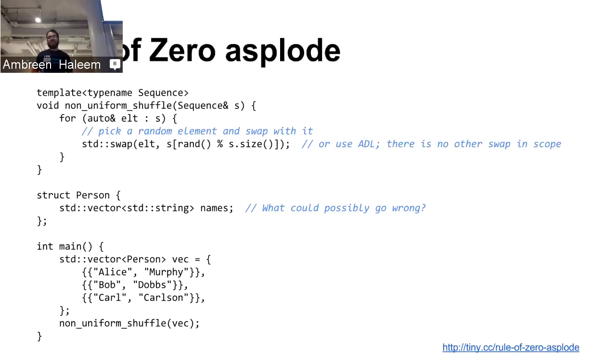It's all standard types. And we have a non-uniform shuffle function, which just repeatedly picks elements from a vector and swaps them with each other. And we're going to try to shuffle a vector of people. What could possibly go wrong with this?